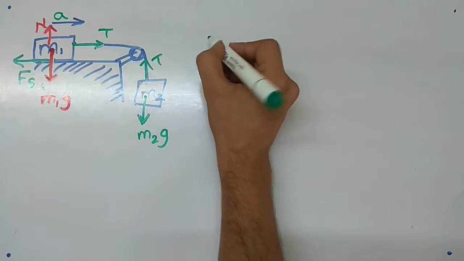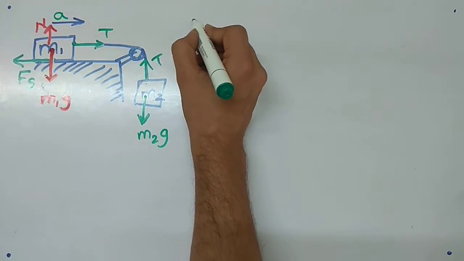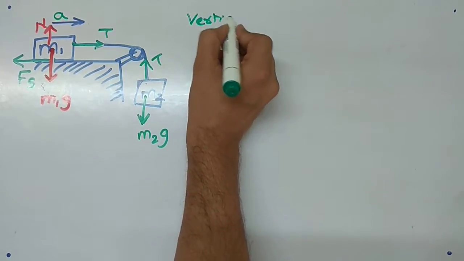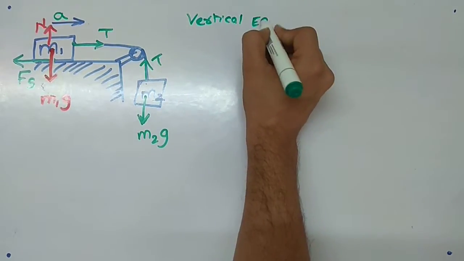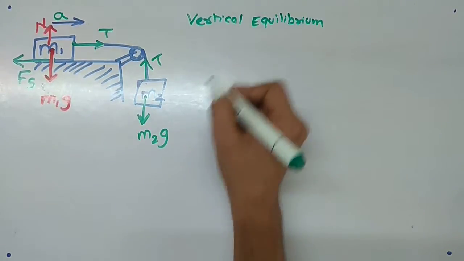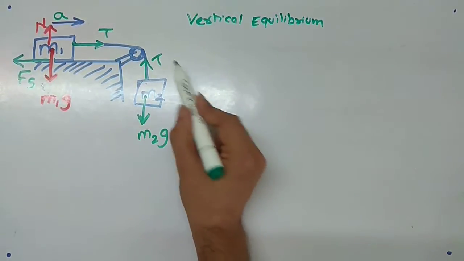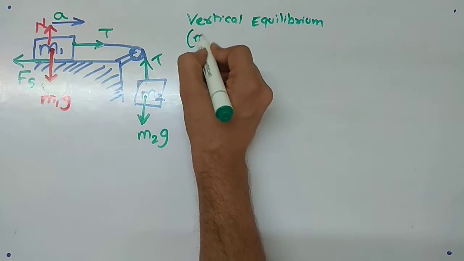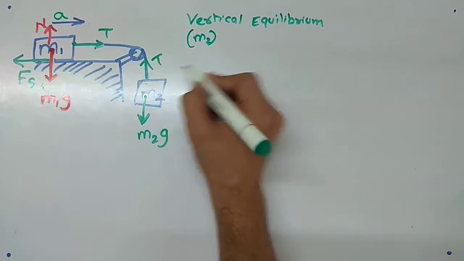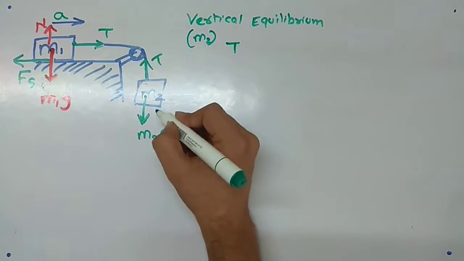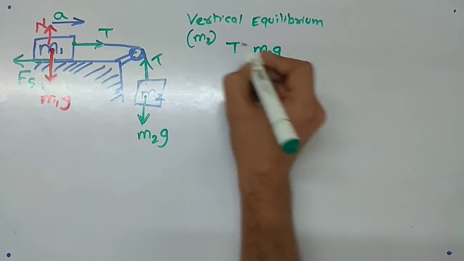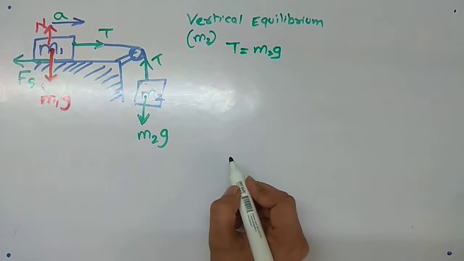Okay, so how to solve these questions? See here. First, we are considering vertical equilibrium for the object of mass m2. The upward force is tension and the downward force is m2g. These should be equal.